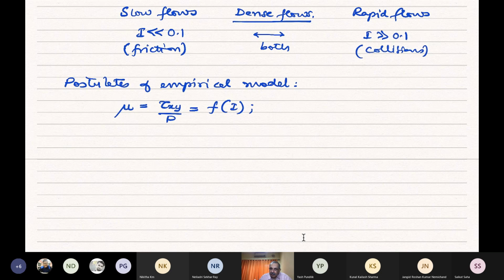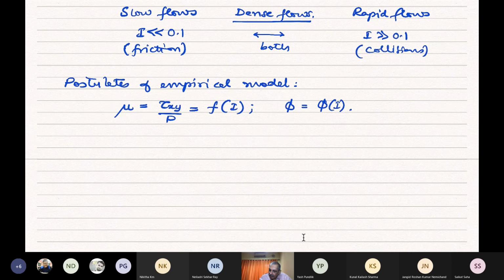This is just based on what results they had. And the volume fraction also should be a function only of the inertial number. So this is what the postulates of the model were.